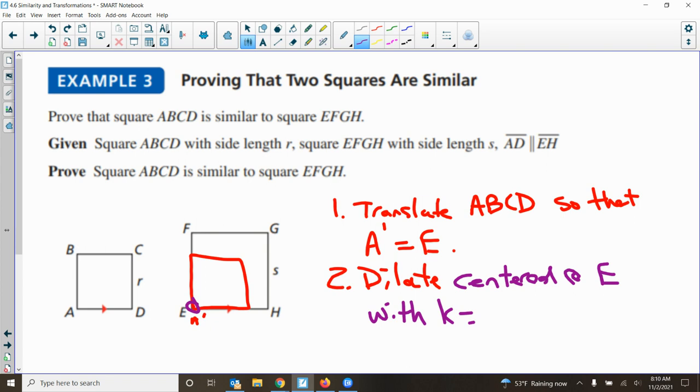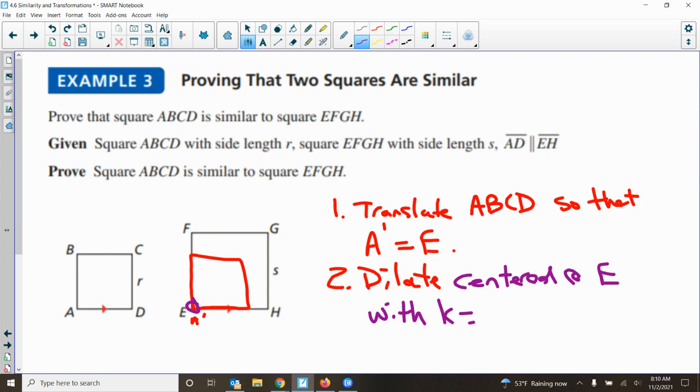Close. If I do a scale factor of S, what's going to be the new side length? It was R, scale factor of S, so what's going to be the new side length? No. Say the original shape has a side length of 2, and then you do a scale factor of 3. What's the new side length? You multiply by 3. 6, right?